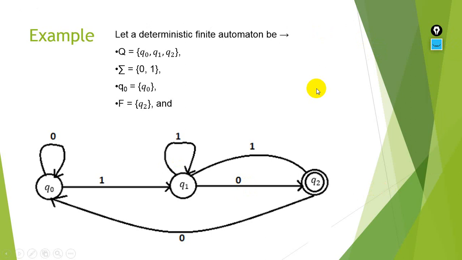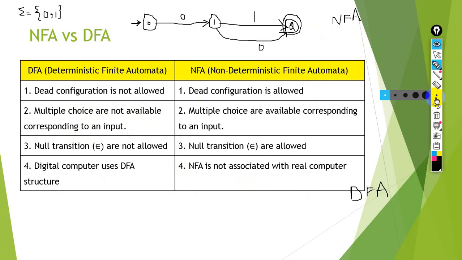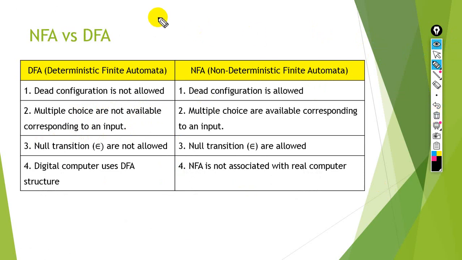Next, second difference: multiple choices are not available corresponding to an input in a DFA. Multiple choices are available corresponding to an input in an NFA. What does it mean? In the previous lecture I also explained this, but right now I will explain it again. Here 0 and 1 are the two letters in this alphabet, so these are the input letters that we have.